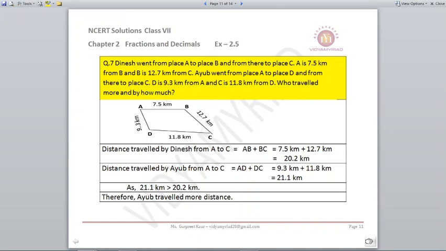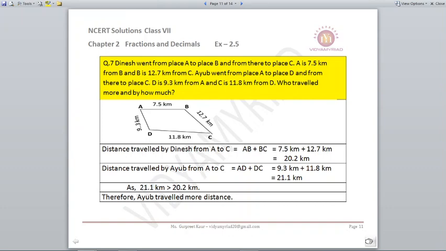First we need to draw what they are telling about the directions, and I have mentioned the kilometers as per the distance. First we need to mention how much Dinesh travelled. Dinesh travelled from A to B and then from B to C. So that means 7.5 plus 12.7, which will give total as 20.2 kilometers.